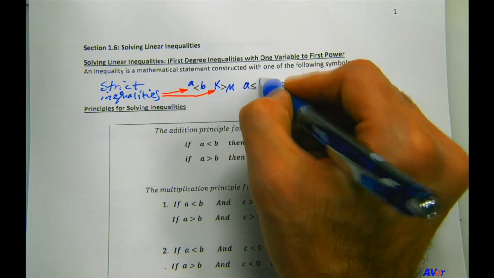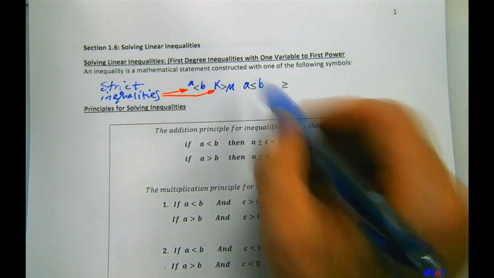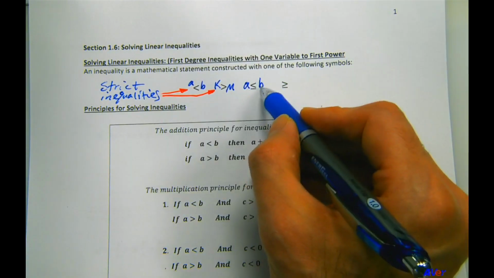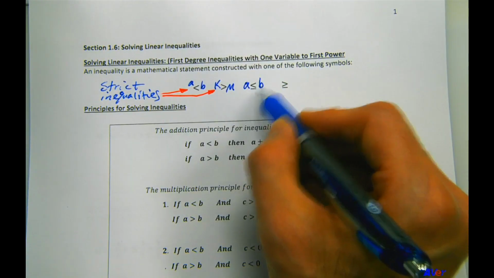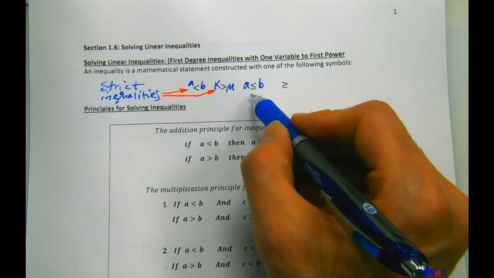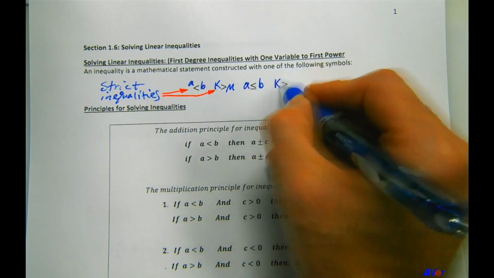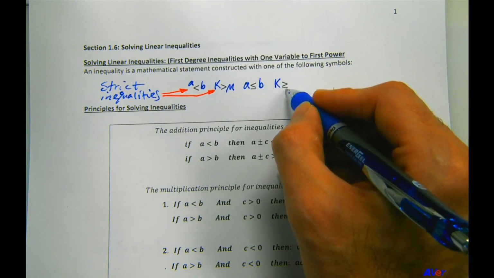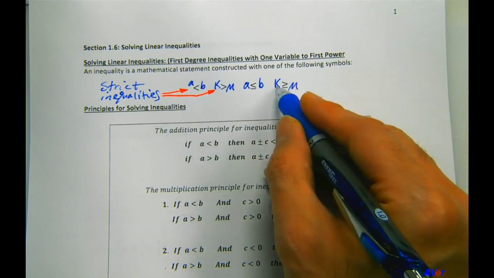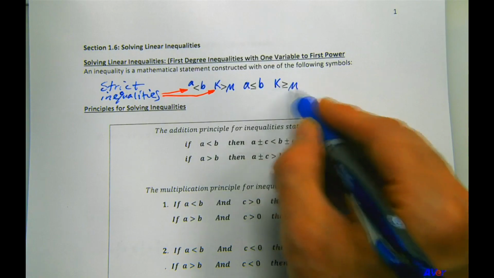But over here, where we have the equality symbol right underneath the inequality, if I put A on this side and B on that side, that means that A can be either smaller than B or equal to it. Either way, it's acceptable. On this side, if I say K greater than or equal to M, that means K can be greater than M or it can be equal to it.